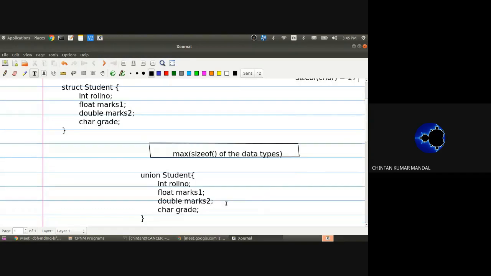So this one is how many bytes? This is 4, this is 8, and this is 1. So this size will actually be only 8 bytes.